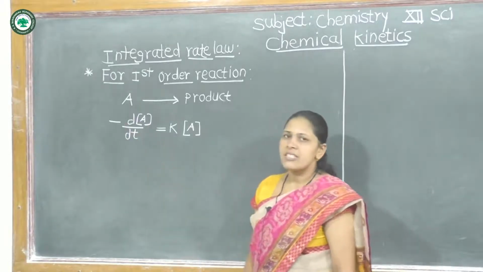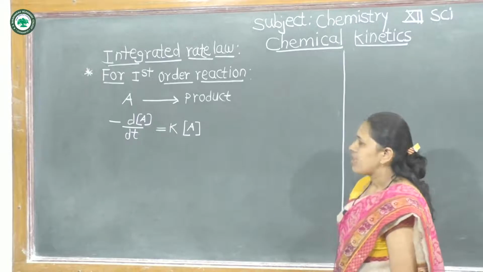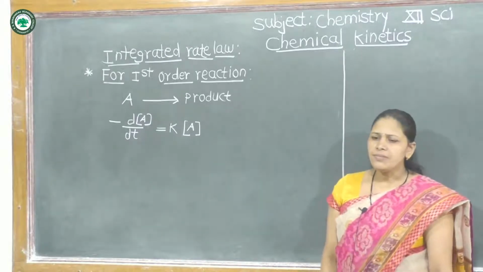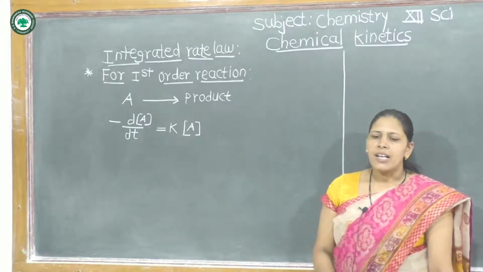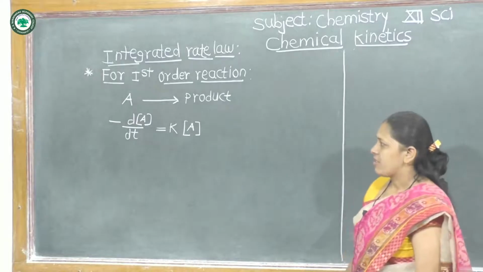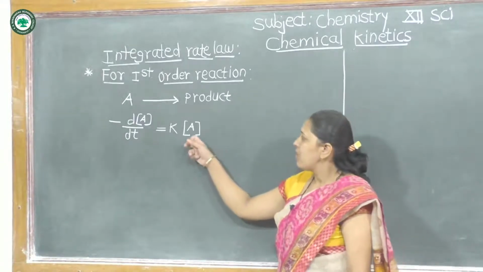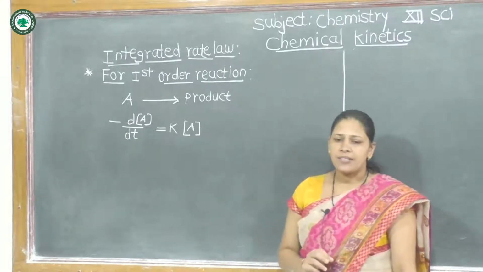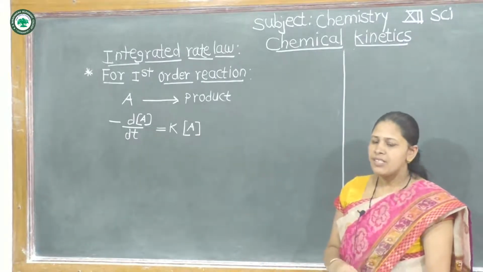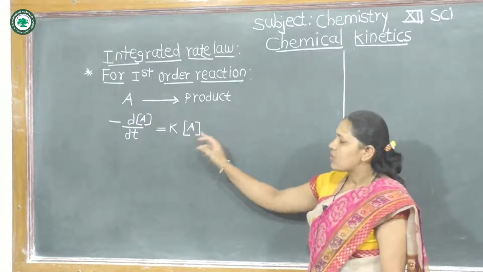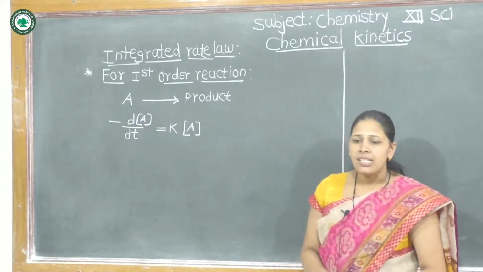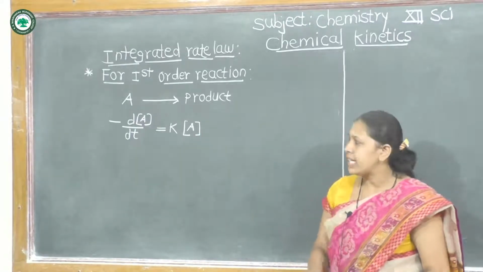Therefore, this is a negative sign. Then, by rearranging, here concentration of A is the concentration of reactant A at a time t.